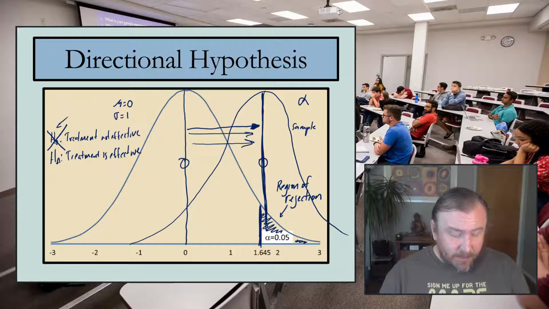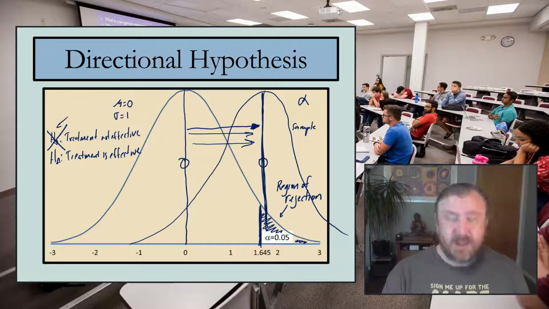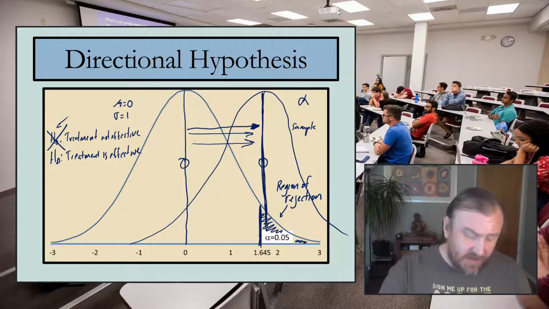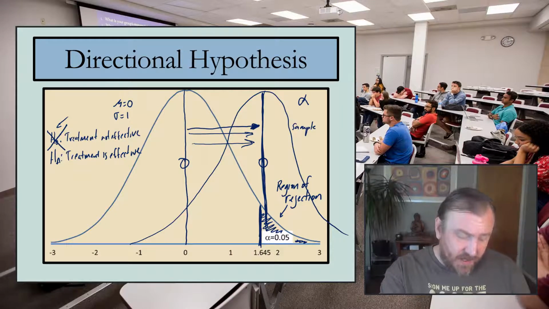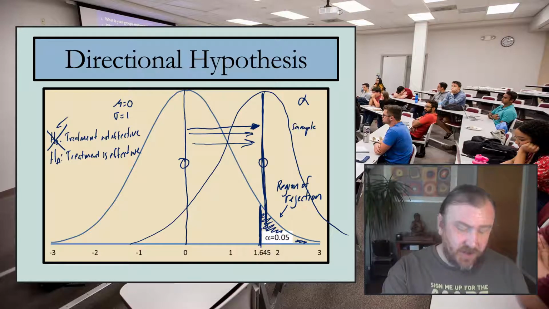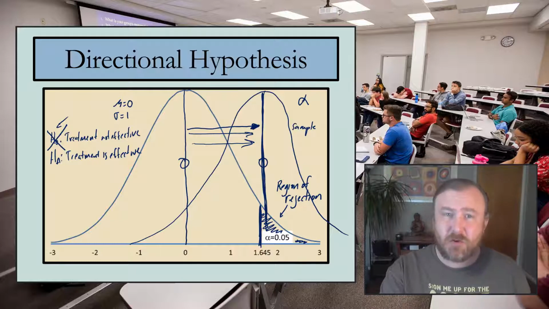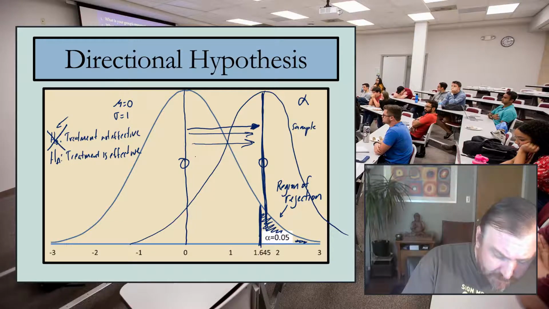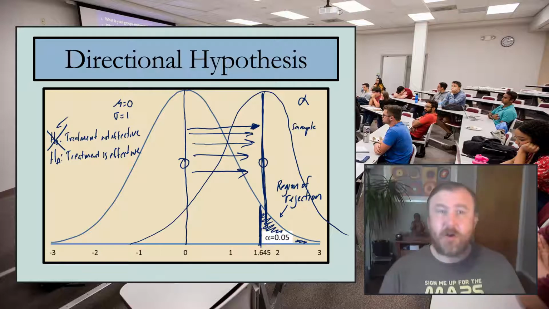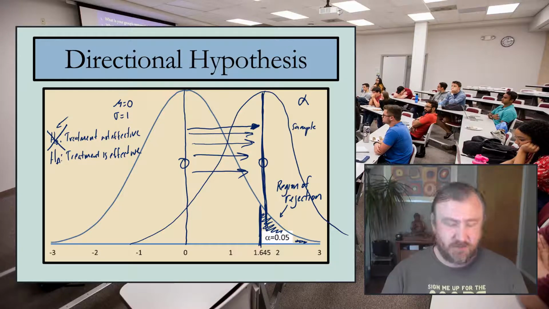Now, this is to test what's known as a directional hypothesis. So here, in this case, we think that our treatment is going to increase well-being scores. And so we're looking for a mean higher than our null hypothesis distribution.